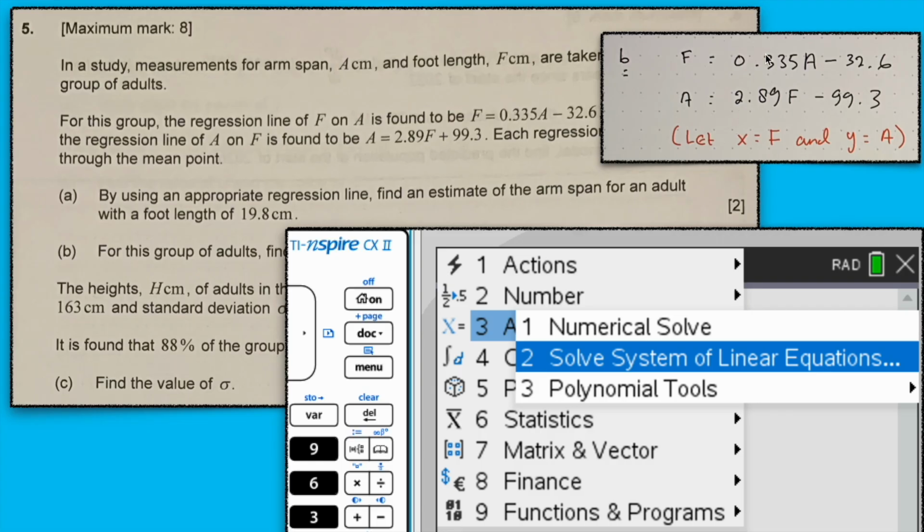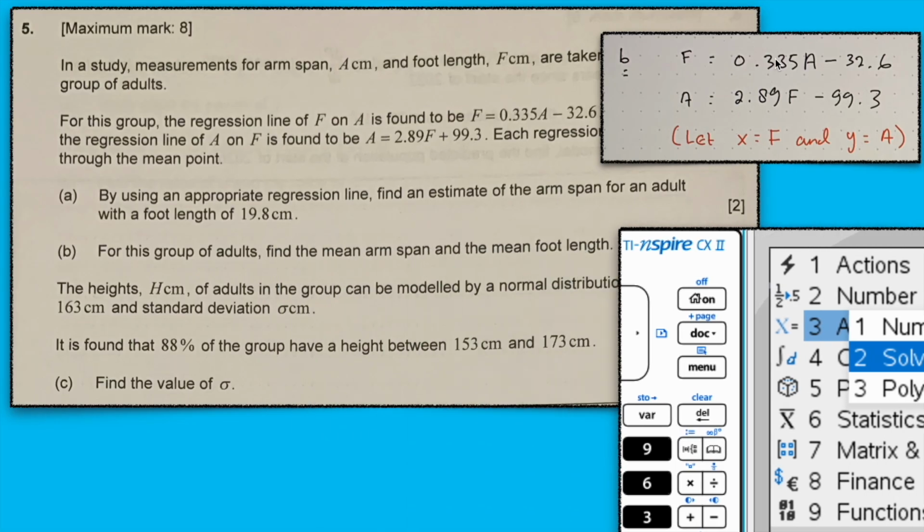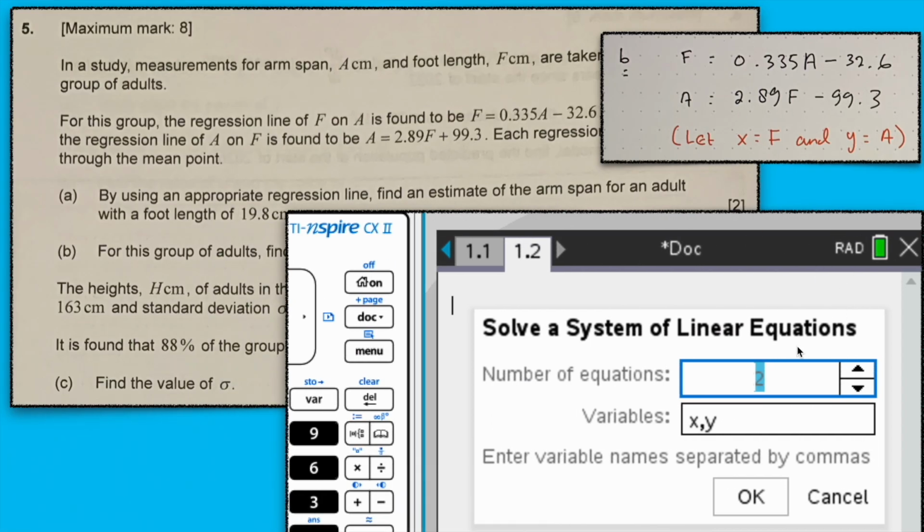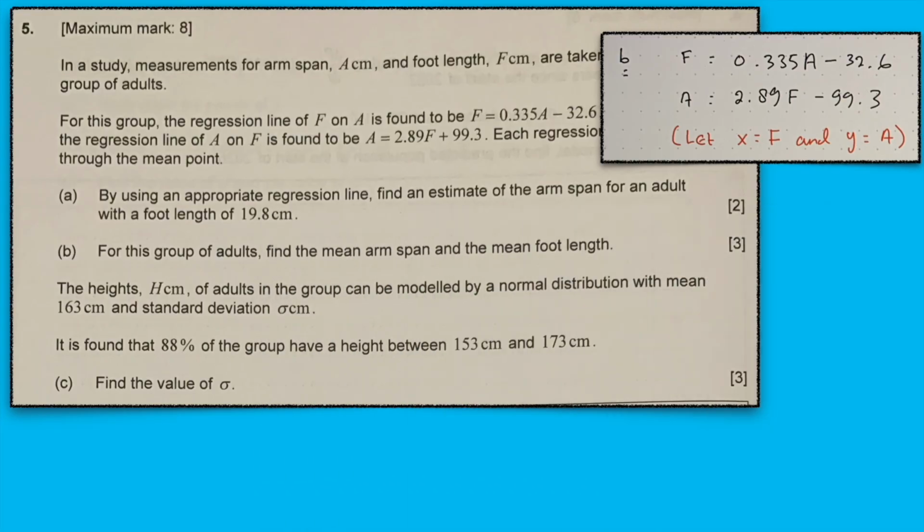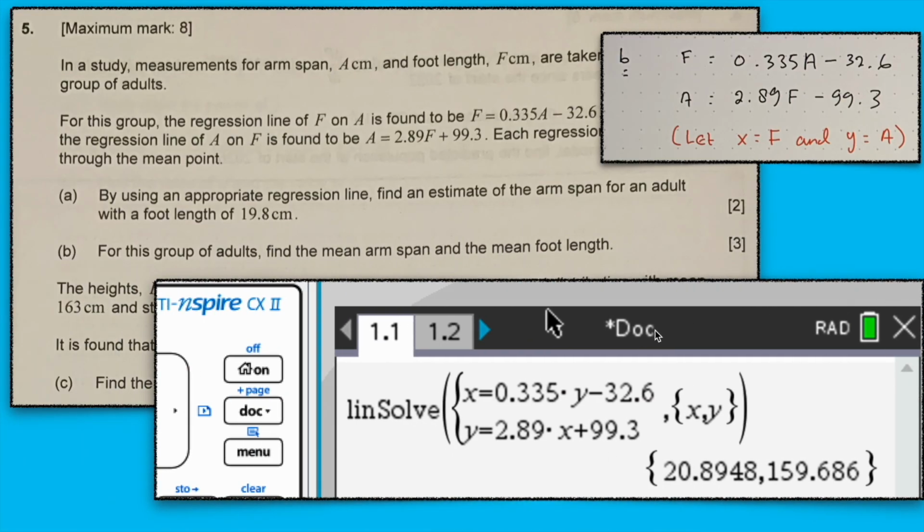This is the system of linear equations, and there are two equations, variables x, y, and then you click OK. And then you input these two equations. Again, please remember, in this case, x is equal to foot length and y is equal to arm span.